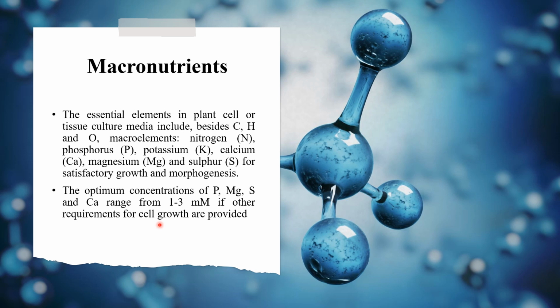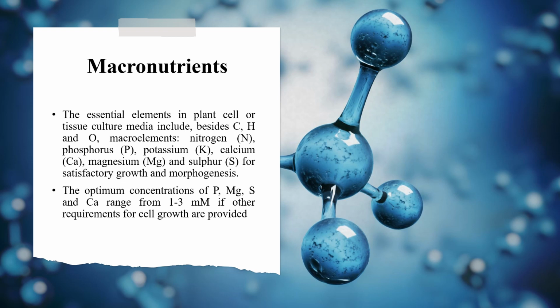The optimum concentration of phosphorus, magnesium, sulfur, and calcium ranges from 1 to 3 millimolar. The culture medium should contain at least 25 to 60 millimolar of inorganic nitrogen for satisfactory plant growth.